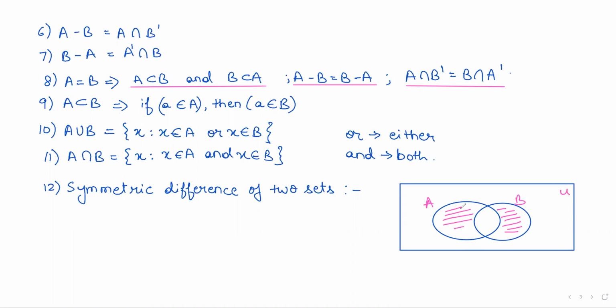The whole shaded part, that means the union of A minus B and B minus A, is called the symmetric difference of two sets. It's just a notation, and there's also a symbol to it, a triangle-type symbol. This means there is a symmetric difference between A and B. It is the union of A minus B and B minus A.